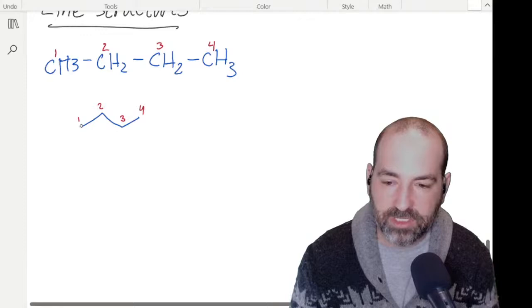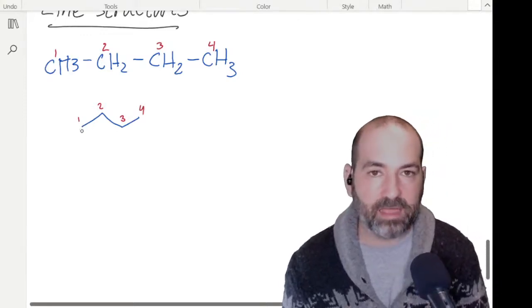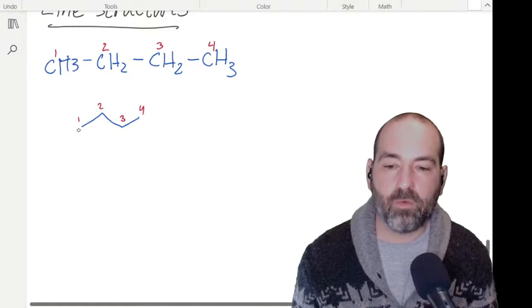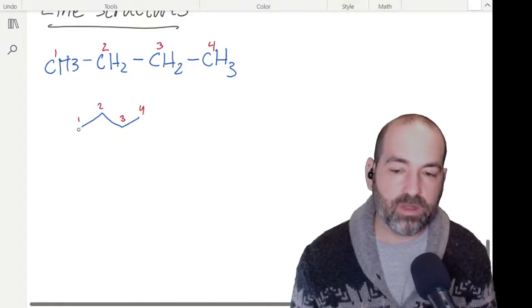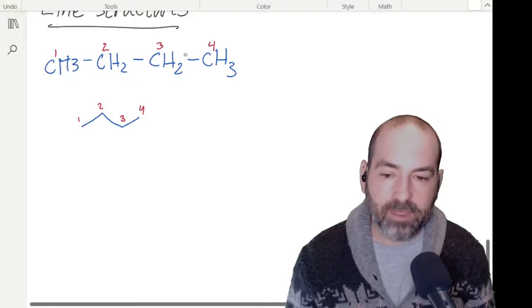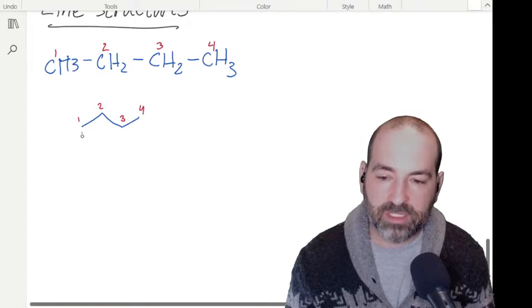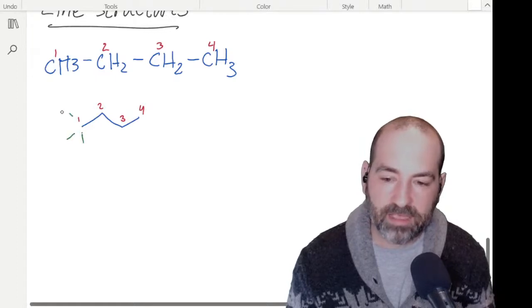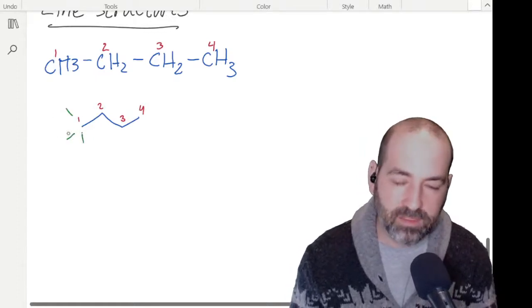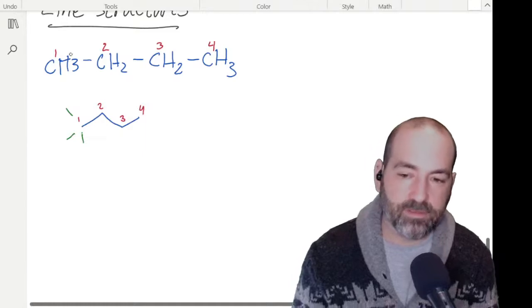If we think about just that little atom right there, and we think how many bonds are shown, well, we can see that 1 bond is shown here. So this carbon has 1 connection to it. And that must mean that there are 3 other connections somewhere because we know it has to have 4. And so those 3 other connections are the 3 hydrogens.